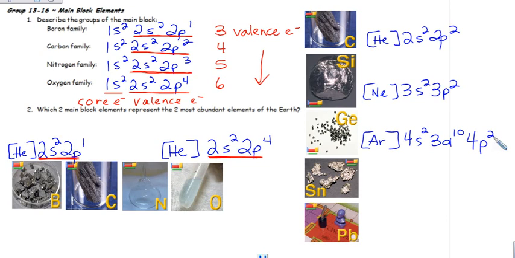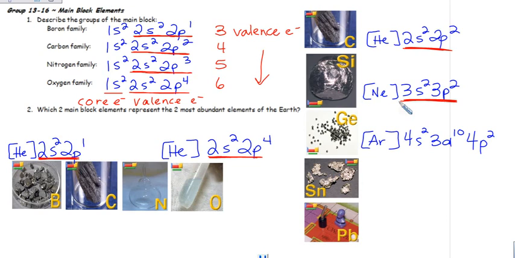So now let's look at valence electrons for the carbon family. 4. The highest energy level is the second, 2 in the S, 2 in the P. Silicon. Valence electrons. It's still 4. We're just in a higher energy level, but that energy level still has 4 valence electrons.